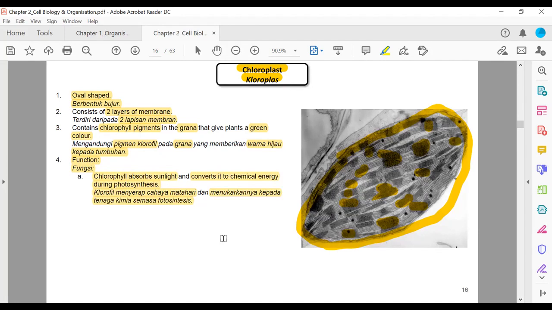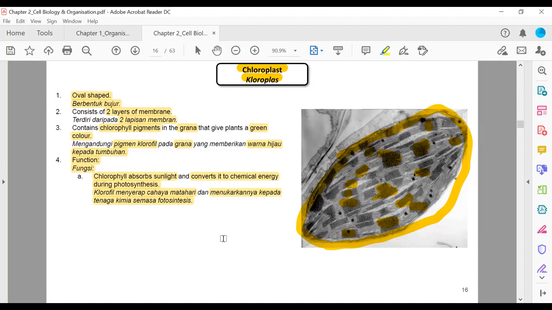Selepas menyerap tenaga cahaya, chlorophyll akan tukarkan tenaga cahaya itu kepada tenaga kimia. Pertukaran tenaga cahaya, light energy kepada tenaga kimia, chemical energy berlaku semasa proses fotosintesis. Of course, kita akan belajar pasal fotosintesis tapi bukan di form 4. Kamu akan belajar pasal fotosintesis di tingkatan 5.